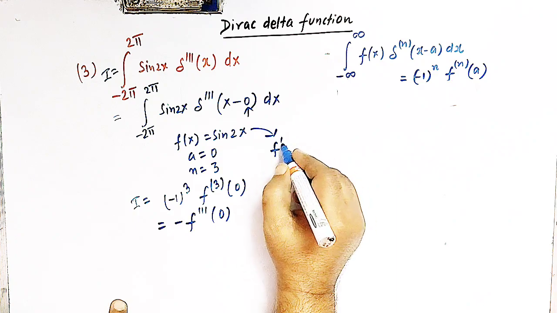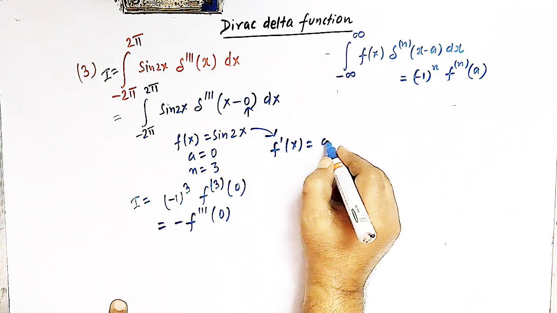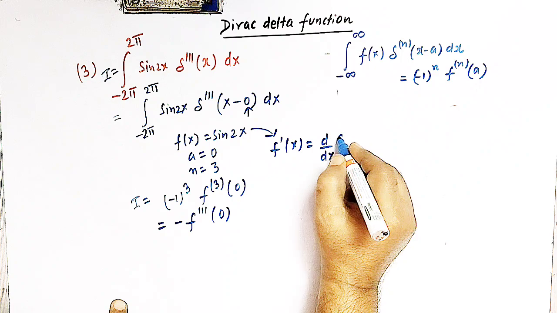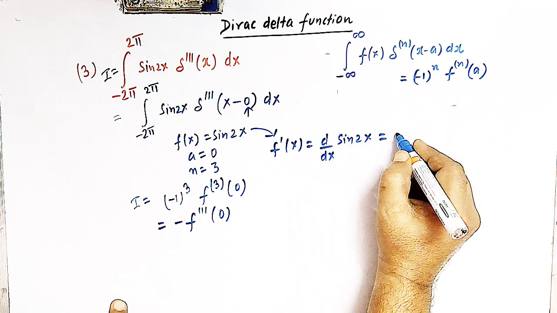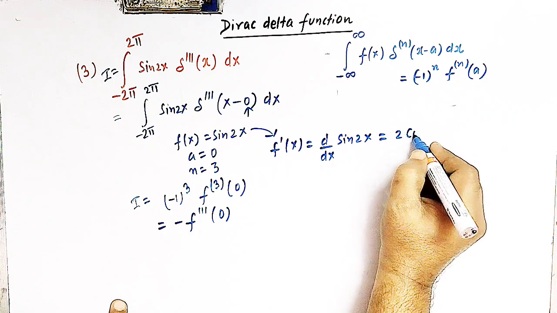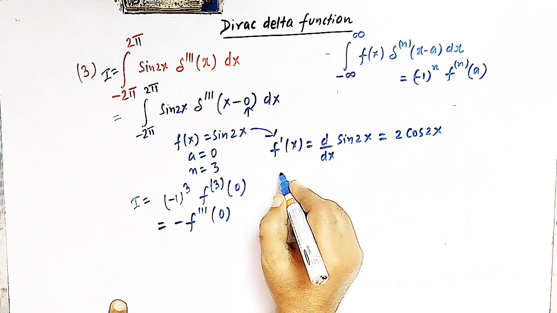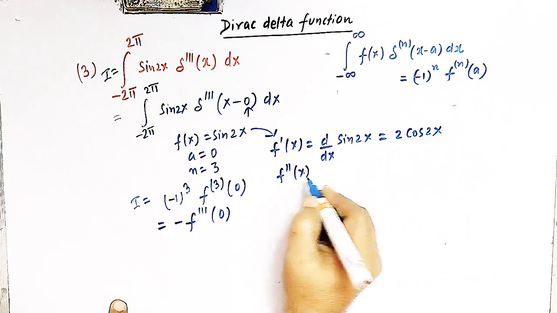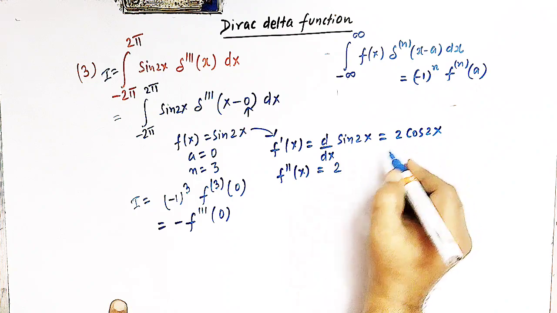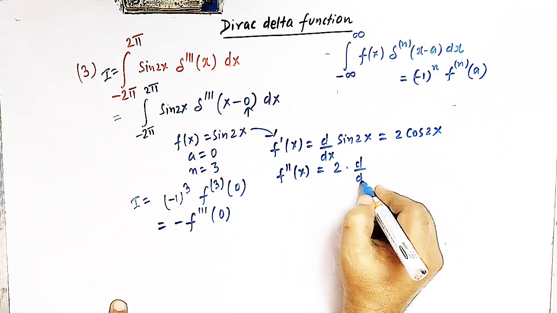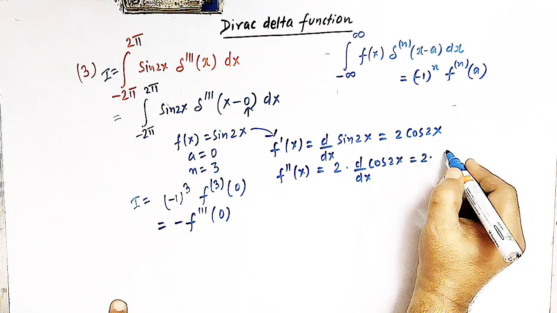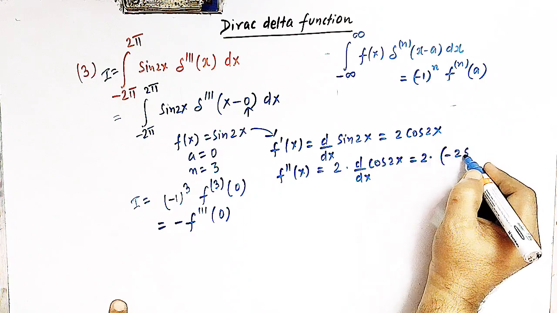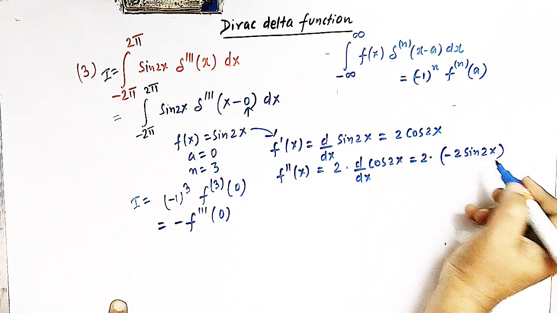So we have f prime of x is equal to d by dx of sine 2x. The derivative of sine 2x is 2 cos 2x, and then the second derivative, and we have here 2, and the derivative of cosine 2x, so we have 2 times minus 2 sine 2x, right?